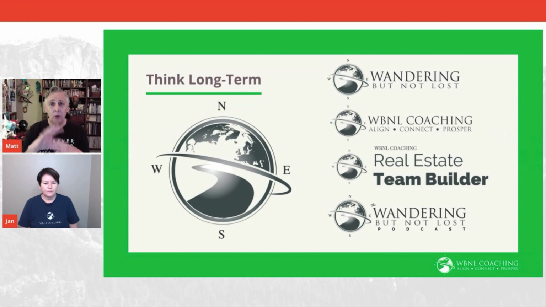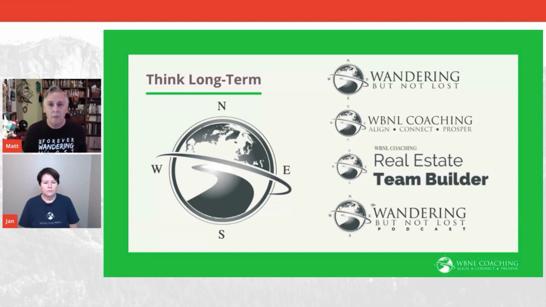You want to be able to use all of these three things either together or separately, you know what I mean? You think about them all as one unit, but think about them all individually as well. For example, our globe is the icon for every business unit or every product that we build out. So we can use the globe separately as an icon, which we use all the time. Wandering But Not Lost has the globe to the left.